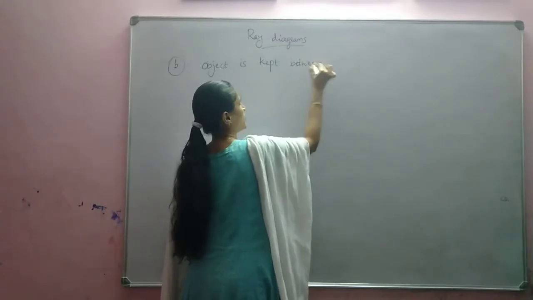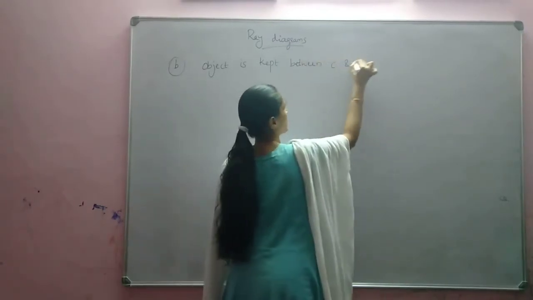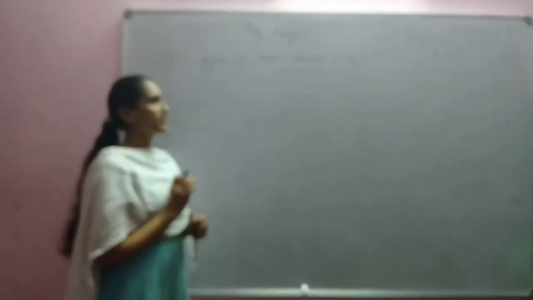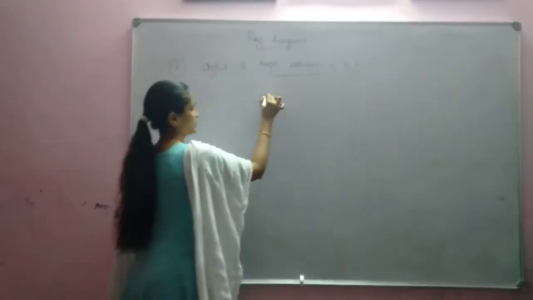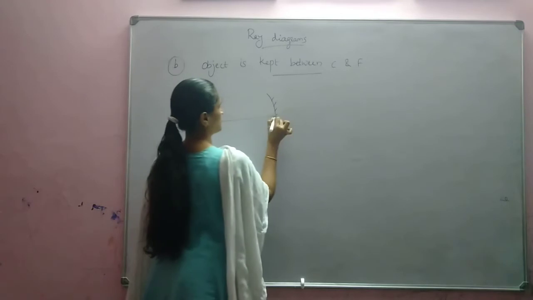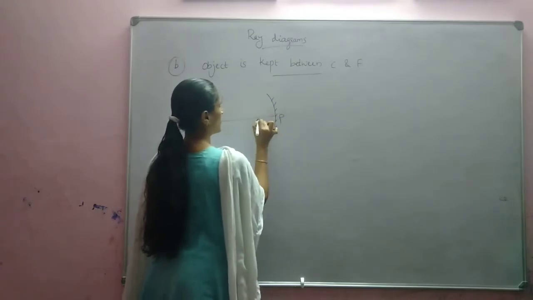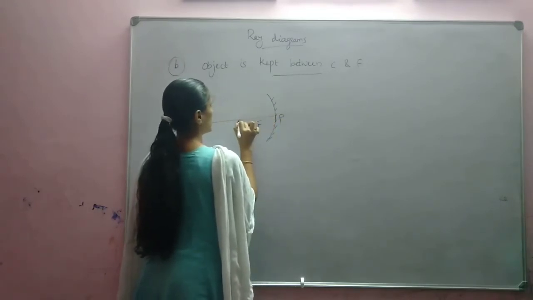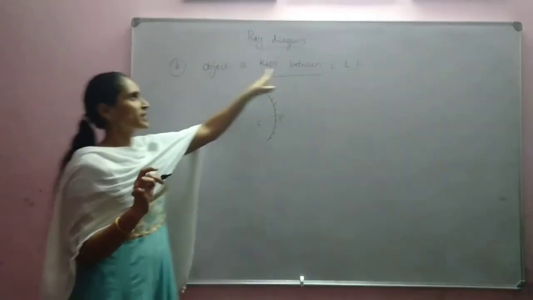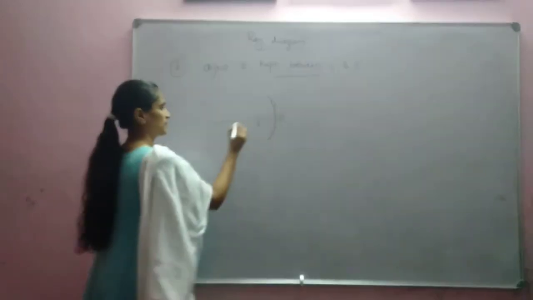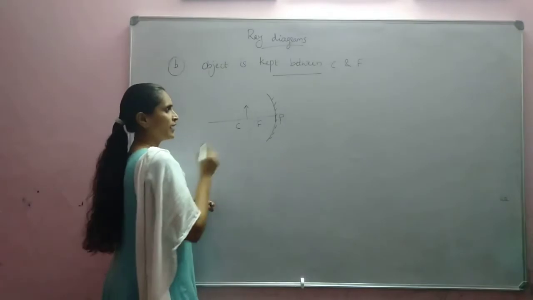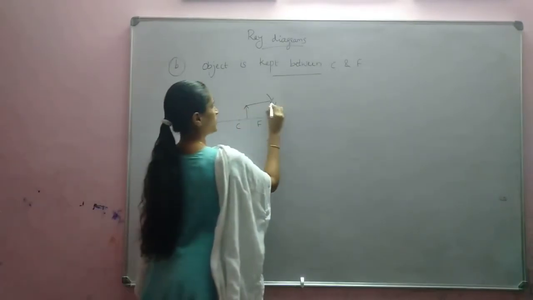Object is kept between C and A. When the object is kept between C and A. Pole, focus, center of curvature. So here the object is kept between C and A. Again, we can consider a ray parallel to the principal axis.